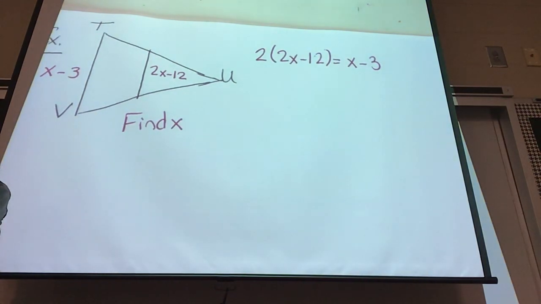Because you could have taken half. What were we taking half of? 2x and 12. Okay. It depends. Some of them you can do both ways. It depends on what you want to use. If you get more comfortable using the 2 times, that's fine. But some of them you cannot do 1/2 of, and there's just no way around it.